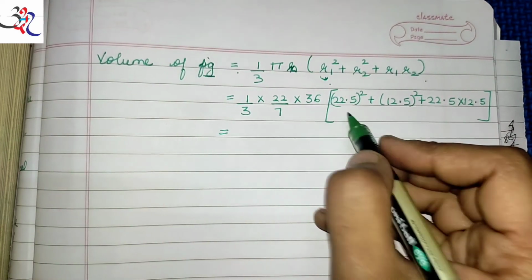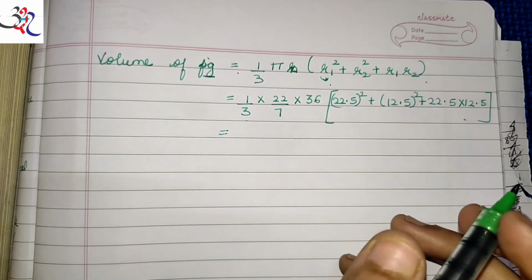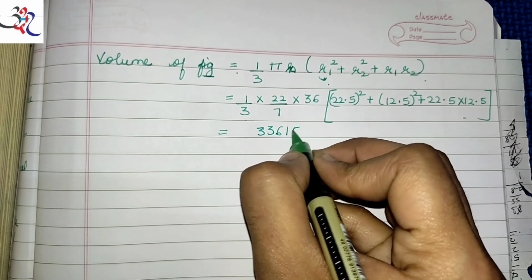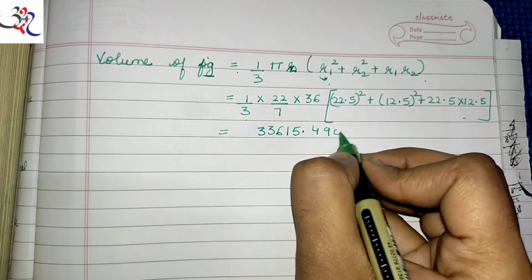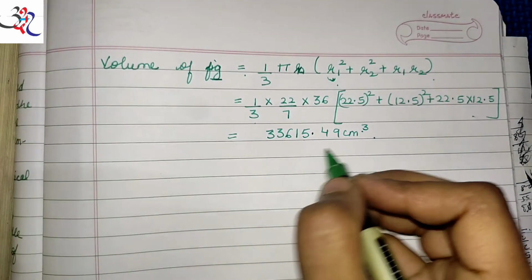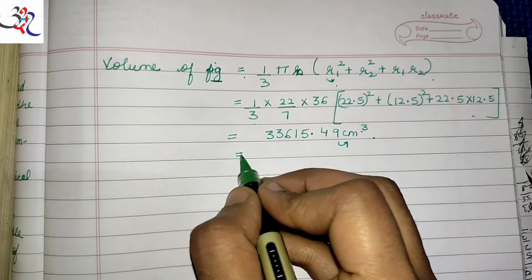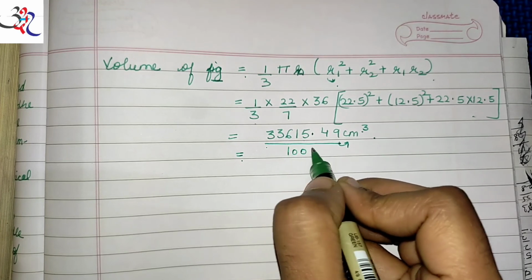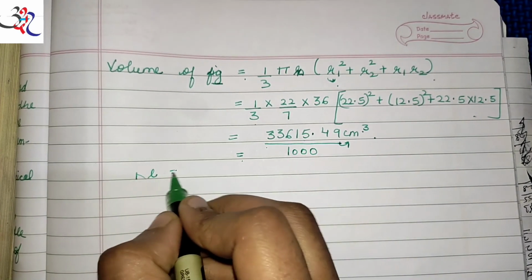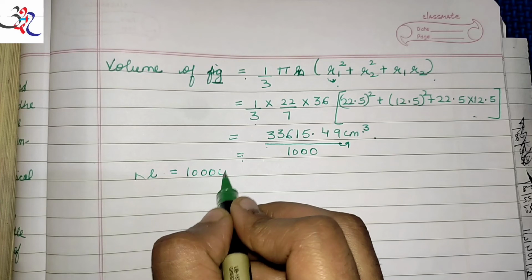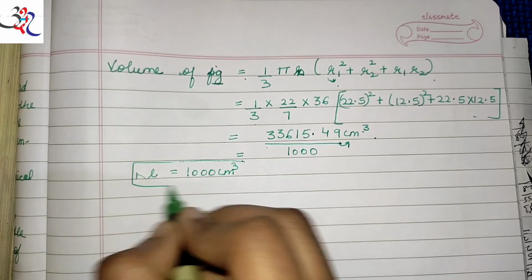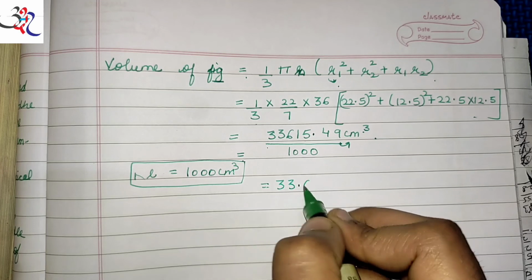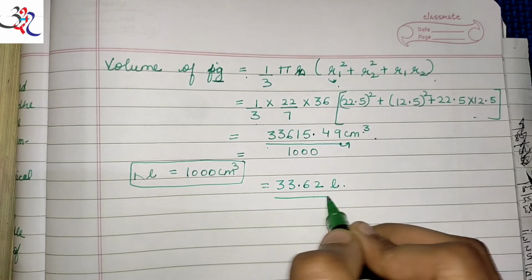After solving all of these calculations, we will get the volume of the bucket, which is 33615.4 centimeter cube. If I have to find the volume in liters, I will divide my answer by 1000 because 1 liter is equal to 1000 centimeter cube. So my final answer will be 33.62 liters.